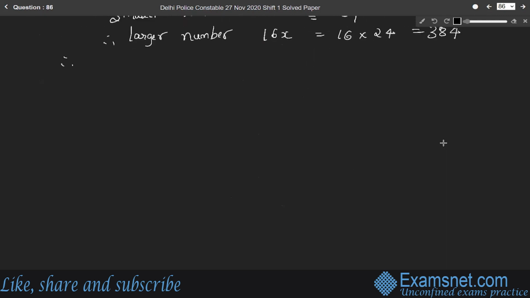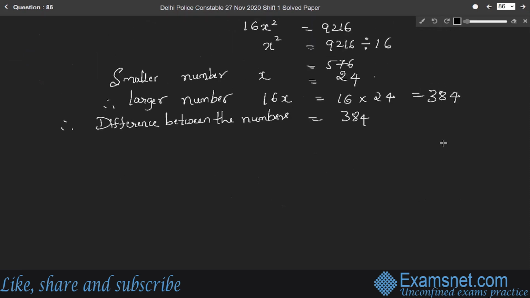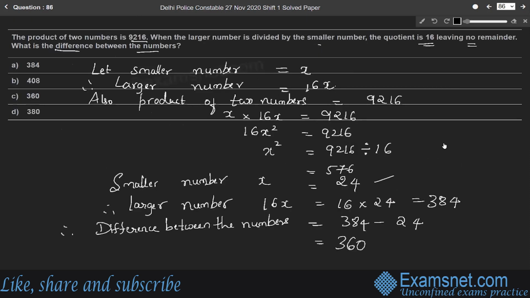Therefore, difference between the numbers is equal to the larger number 384 minus the smaller number 24, which is 360. Therefore, difference between the numbers is 360.